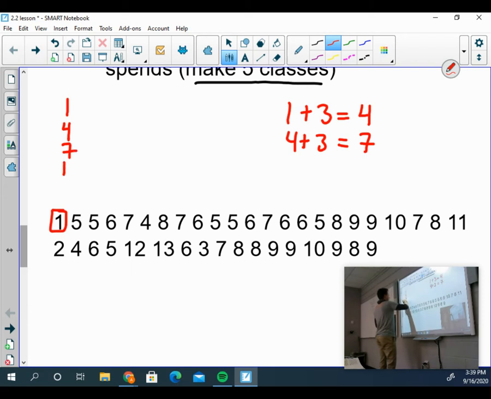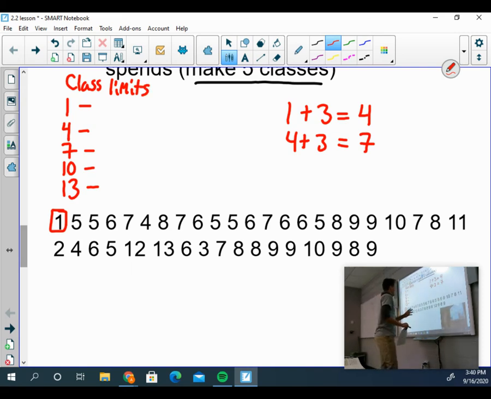Add it again, I'm going to get 10. Add it one more time, I get 13. These are going to be the lower class limits. This is my class limits, or in other words, the stuff that's going to make up the x-axis of my bar graph, or my histogram, the bars in my histogram.